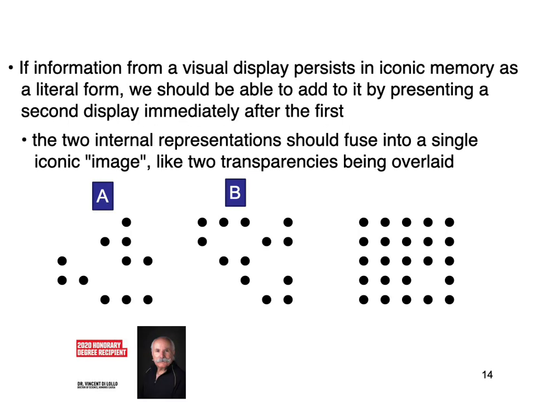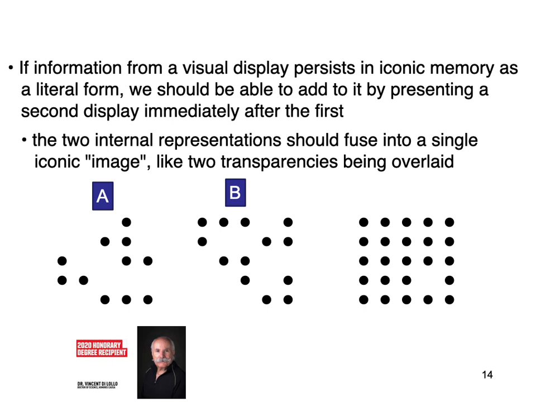So here was the experiment done by Vince DiLollo, and it's a clever one because it doesn't require reporting letters or numbers. You are given an array of dots as in A, briefly displayed, followed by the array of dots in B. Now imagine A is transformed into an iconic representation that's in the visual icon.